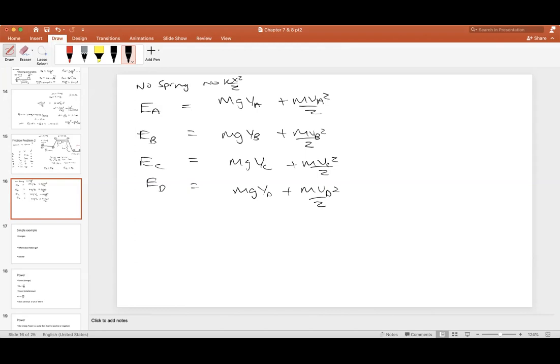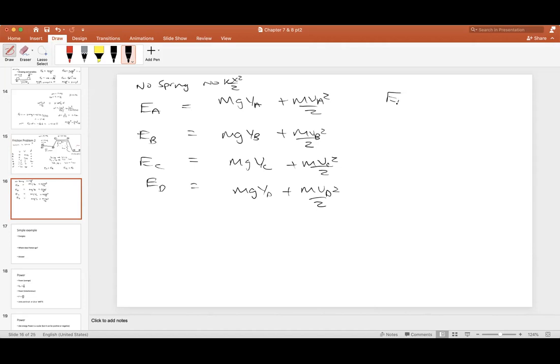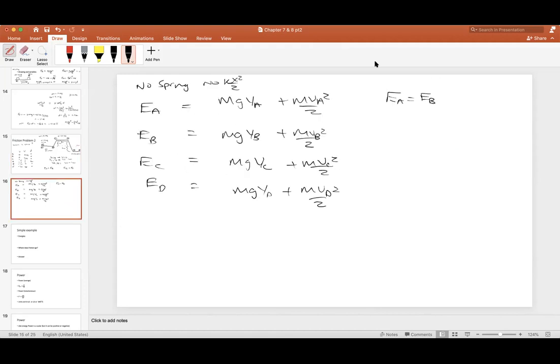Okay. But we have friction. We have friction between C and D. So this means that EA is equal to EB, and there's nothing but gravity and spring forces here and kinetic energy. So the mechanical energy at A, B, and C is all conserved, right?